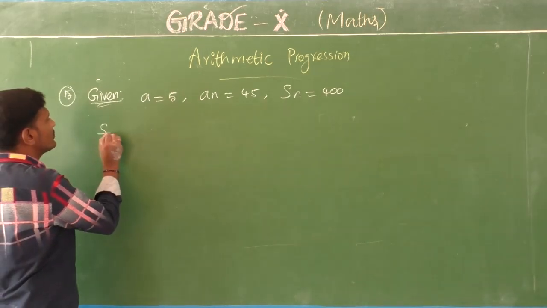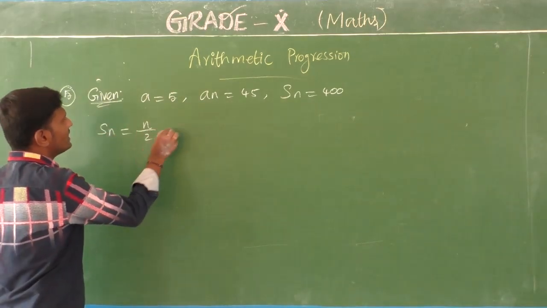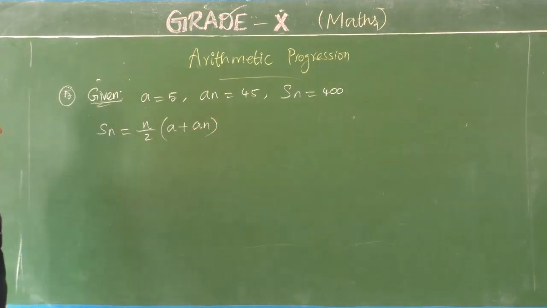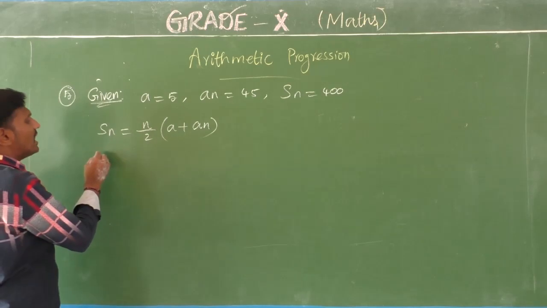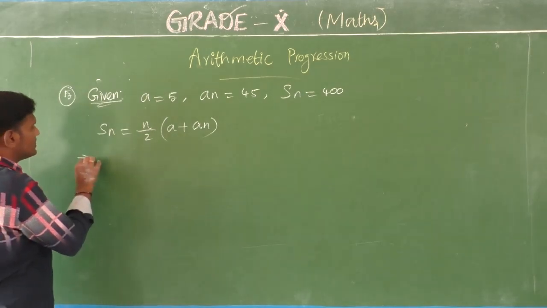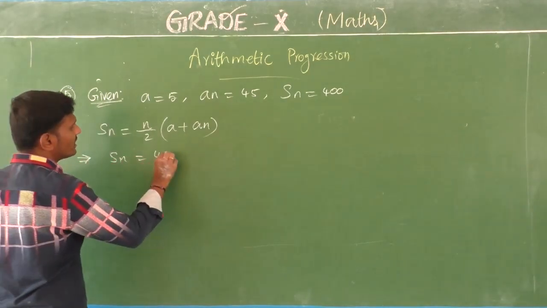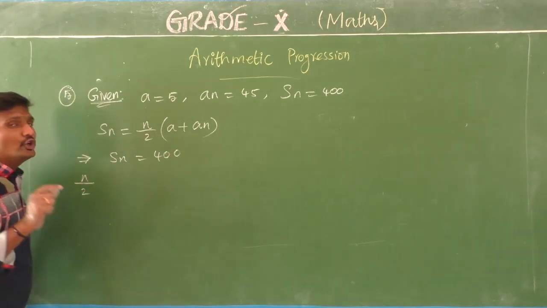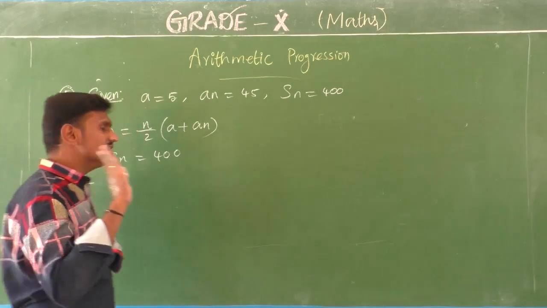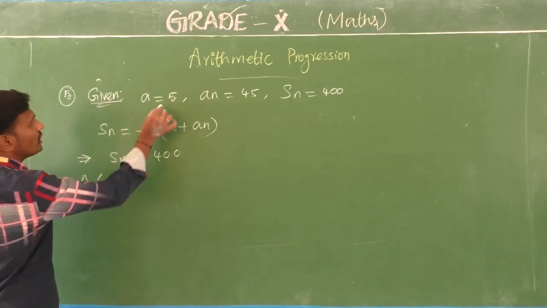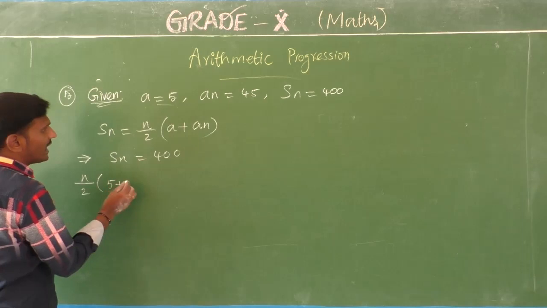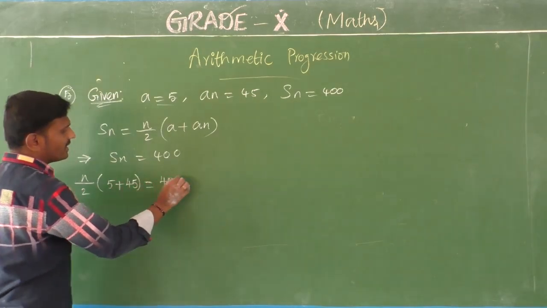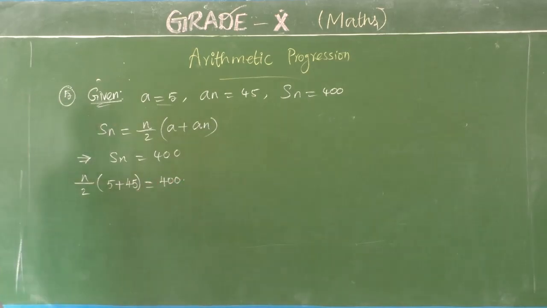First I am taking the formula Sn equals n by 2 into a plus an. For that, I have the value Sn equals 400. You have the formula n by 2 into a plus an, and you don't know the value of n, so just substitute. n by 2 into, you have a as 5 and an as 45, which is equal to 400.